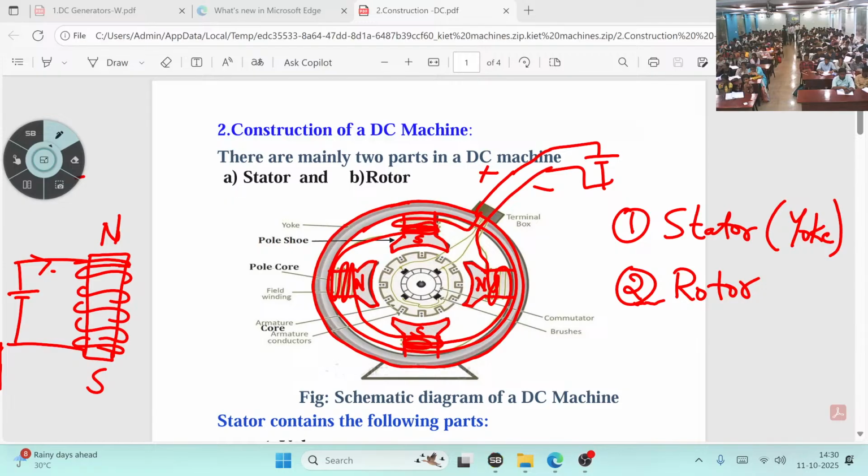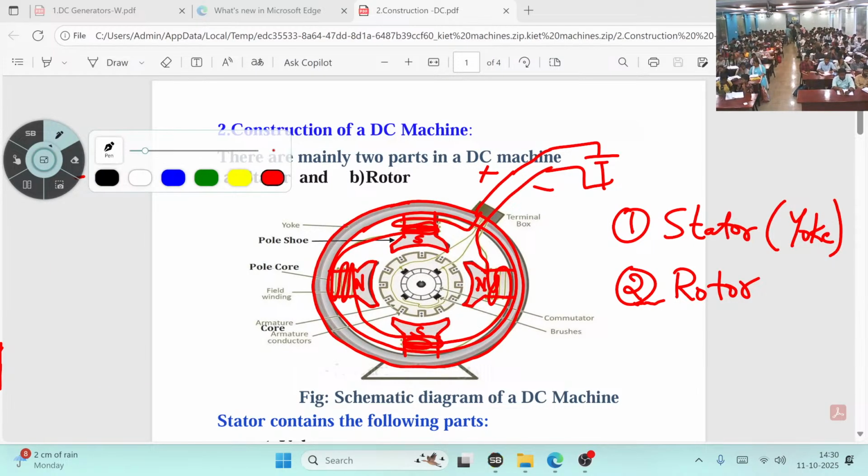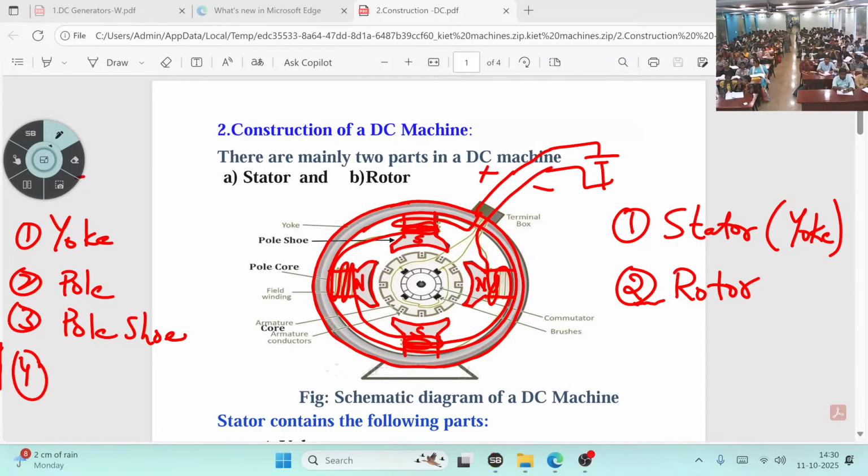Now you tell me, in the stator how many elements are there? The first one is the yoke, the second is the pole, the third is the pole shoe, and the fourth is the winding.